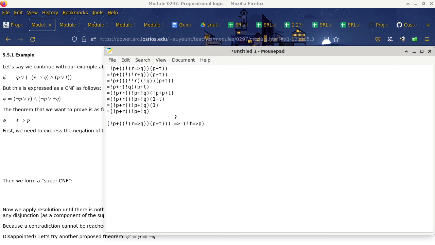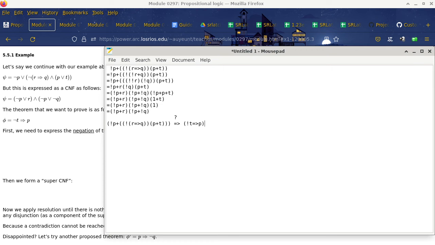This is the question that I want to answer. Is this implication always true? Now, you can almost always find cases where that implication is true, but what I'm asking is, regardless of the values of P, Q, R, T, is this implication always going to be true? That's what I'm asking, okay?